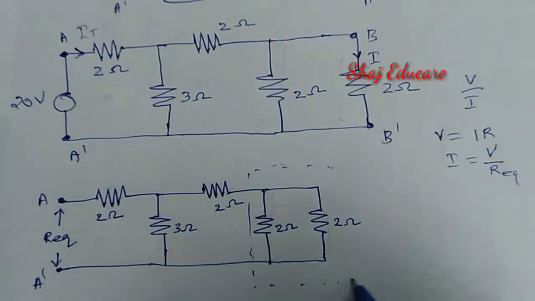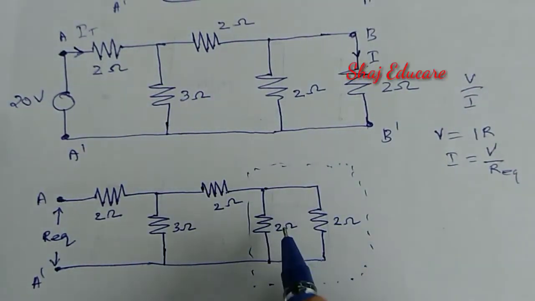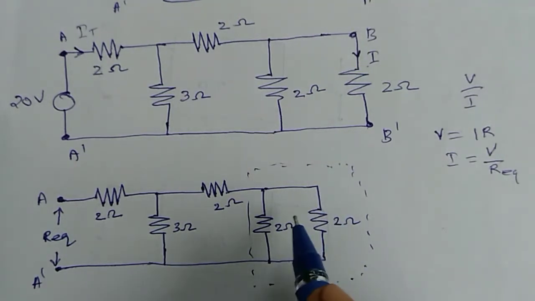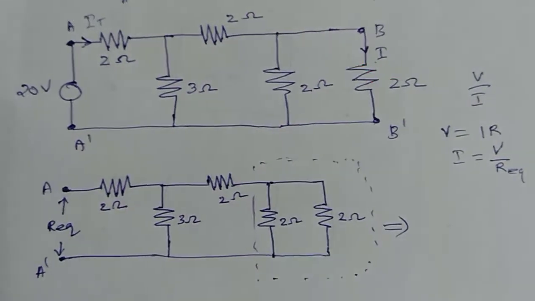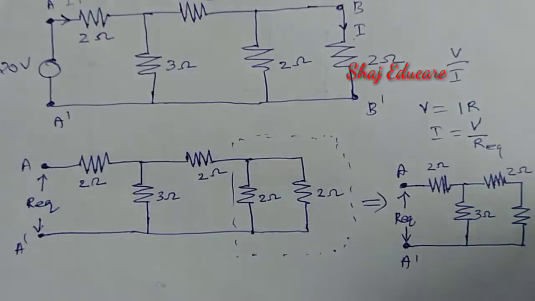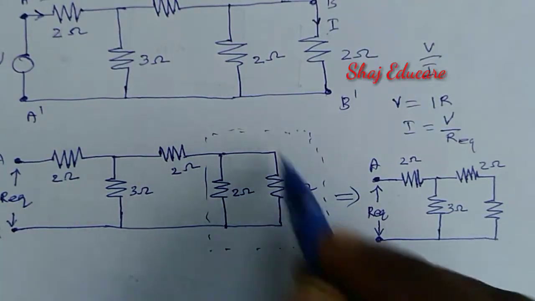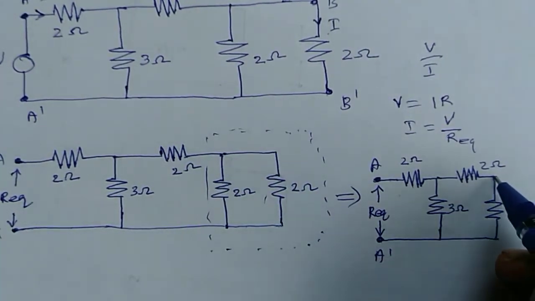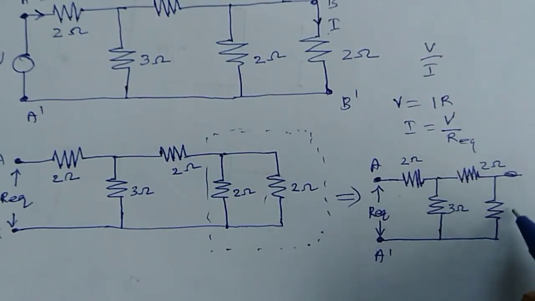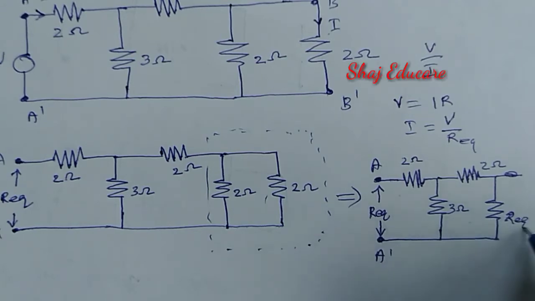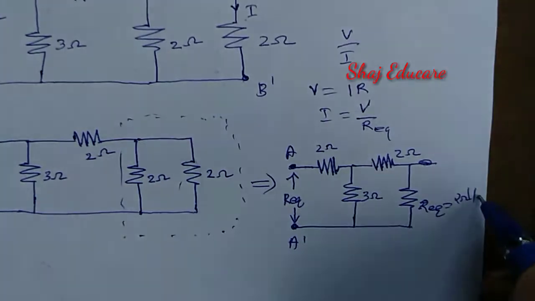So let us replace these two resistances using their equivalent resistance. Let us draw that circuit. Here I'm going to replace these two ohm resistances using their equivalent resistance. This is 2 ohm parallel 2 ohm.